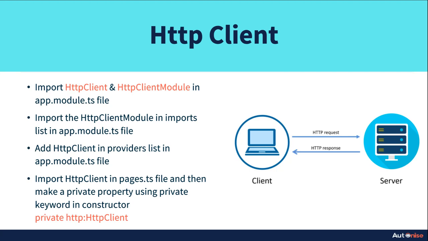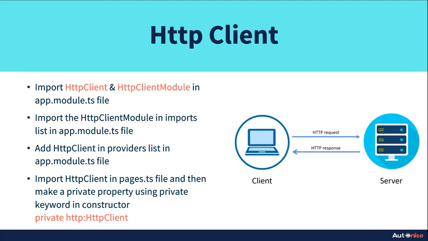So the first thing you need to remember when using this HTTP client is to import HTTP client and HTTP client module in the app.module.ts file. And then wherever you want to use this HTTP client, import it in that particular module's page.ts file.